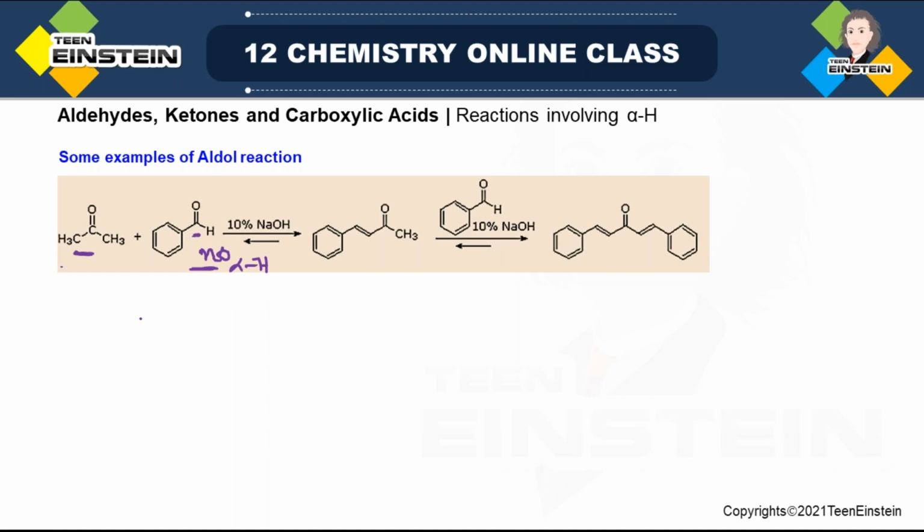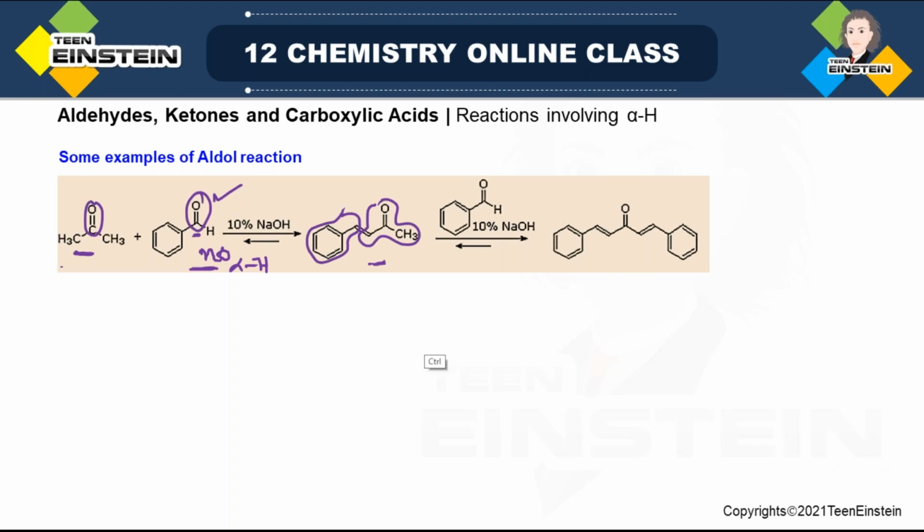And also see the CHO group, this carbonyl group, obviously this is more reactive. We know aldehydes are more reactive than ketones. So in presence of 10% NaOH, it will mostly remain as the condensation product. See, this part is generated from acetone and the other part is generated from benzaldehyde.